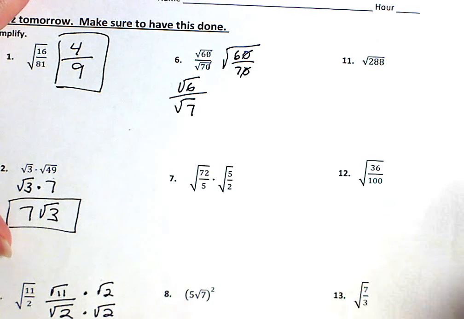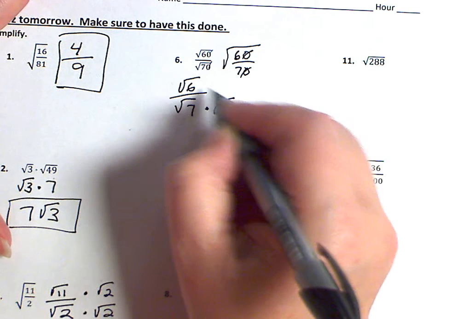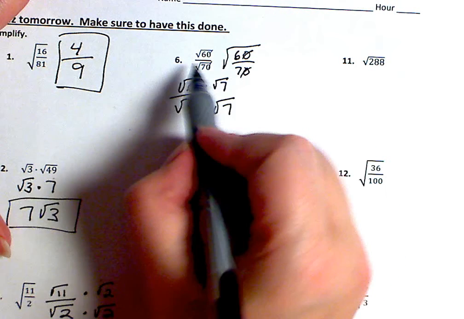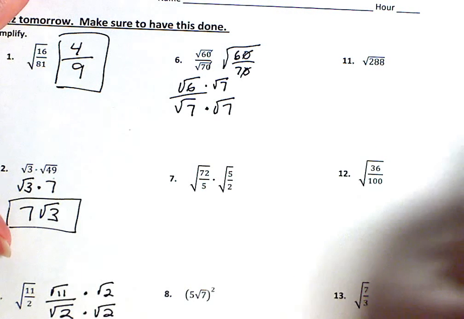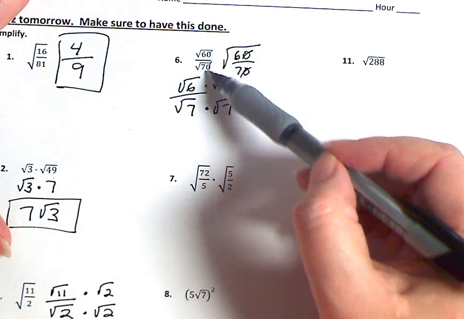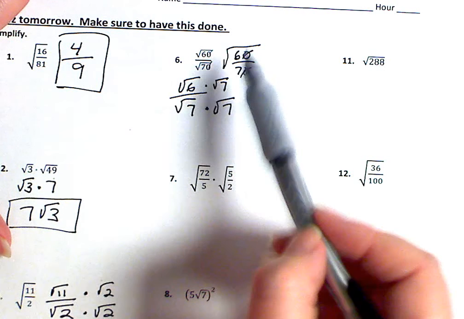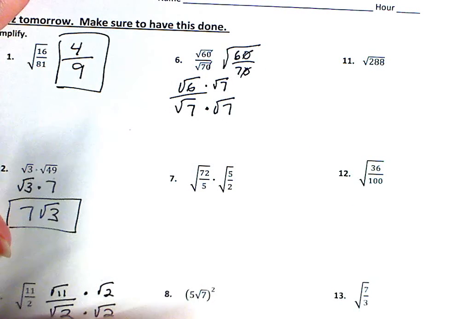Then do your rationalization. What do we have to multiply by? Square root of 7. Do you see how it reduces? That's why. And we're going to reduce down here too. So if you reduce first, you won't have to reduce later. And I will tell you, it is harder if you do it later.